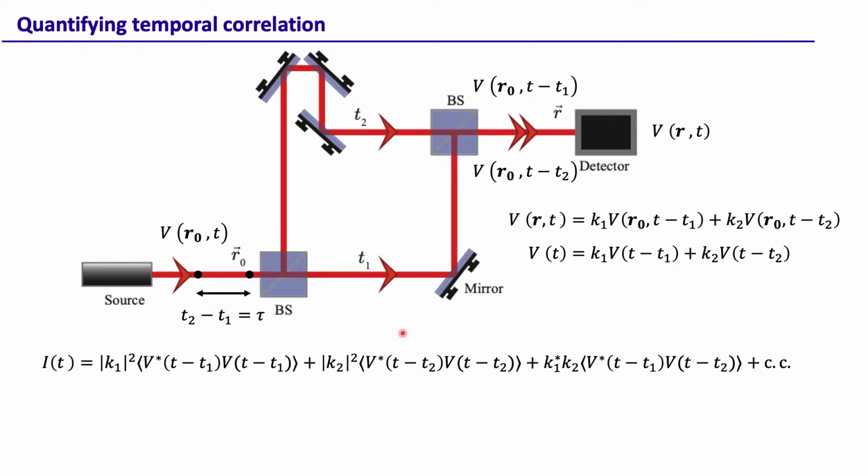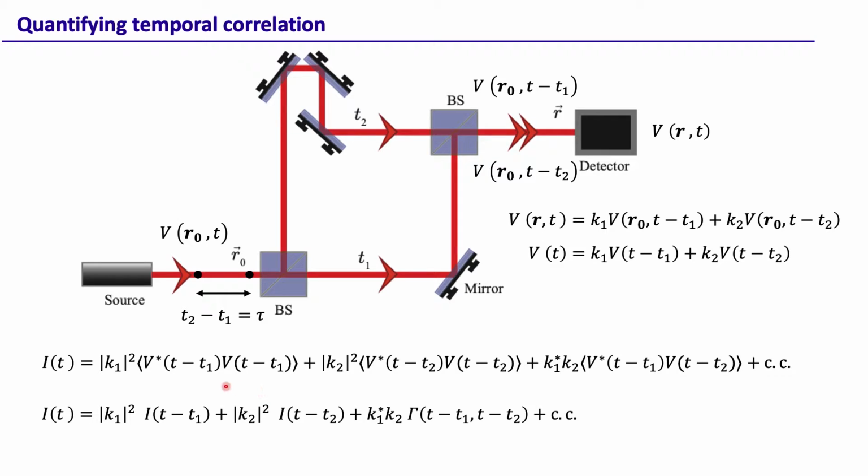Okay, so since this is the field V, we know that we can define the intensity as V star(t) V(t), and if we expand it, as we did last time, this quantity is the intensity. So we have first term, second term, and the third and fourth. The first term is basically the intensity coming from the point at t minus t1.